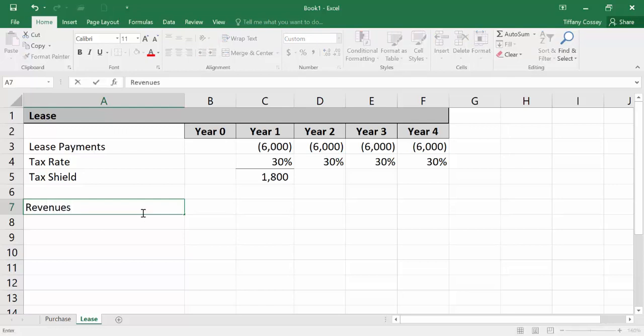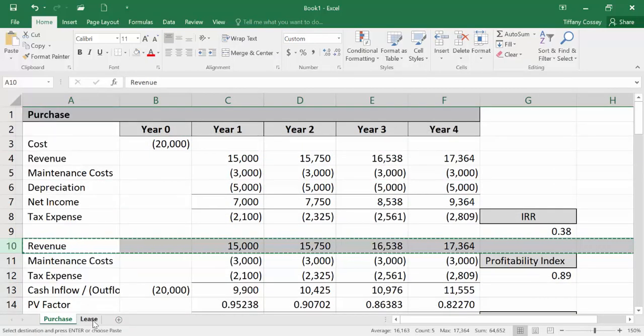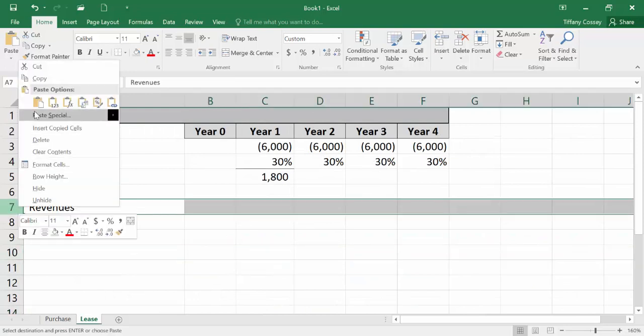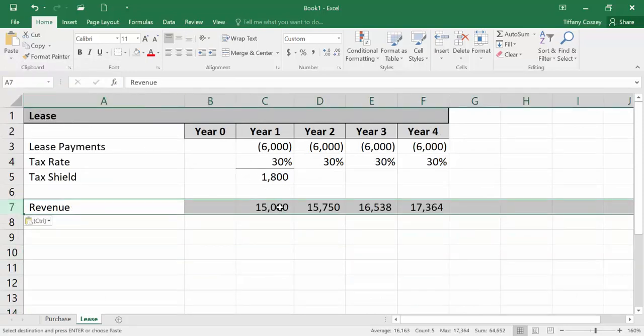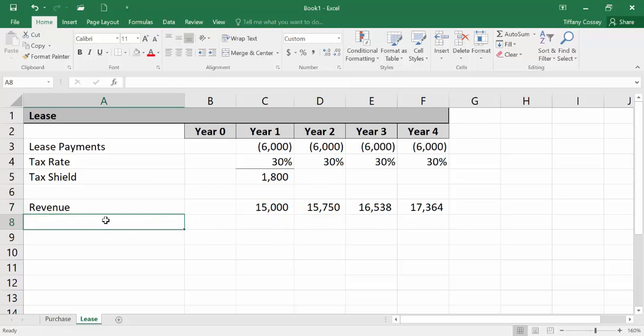And actually, instead of doing that whole calculation again, I can go over here and just copy and paste. Because remember, we have revenues of $15,000 in the first year, and it goes up by 5% every year. And then we have the cash outflows, which would be the lease payments. And I'm just going to pull those straight down.